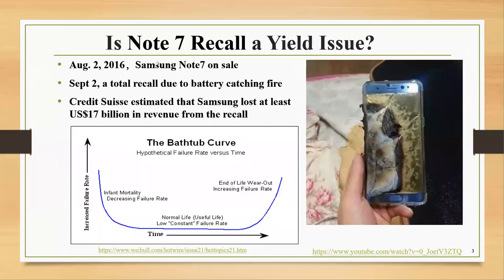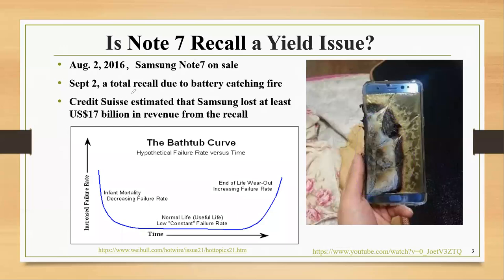If you recall, Samsung Note 7 had a big recall in 2016. What happened is that on August 2nd, they announced that the wonderful Note 7 was on sale. But within a couple of weeks, people found out that the battery, when bad, can burn the whole cell phone, and therefore triggered the whole world requesting a recall.